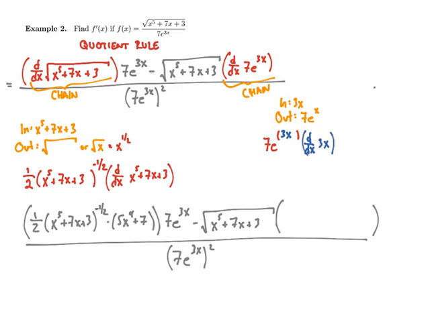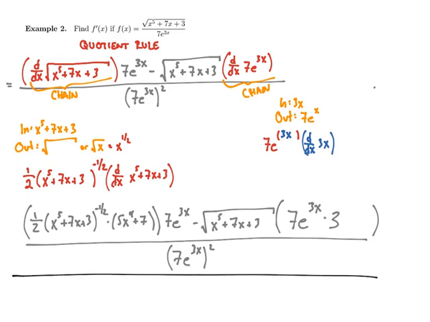Note that you could have brought the 7 out in front as a constant, but you can include it in your calculations as well. It doesn't really make a difference. And altogether, this is going to be 7e to the 3x times the derivative of 3x, which is 3. The answers to these derivative questions are going to be very gross, but that's because we're doing some complicated derivatives here.